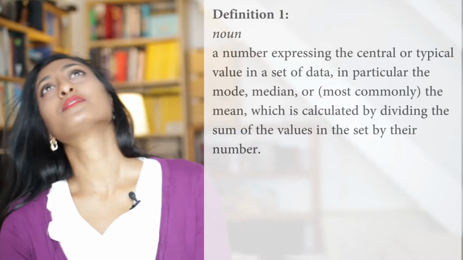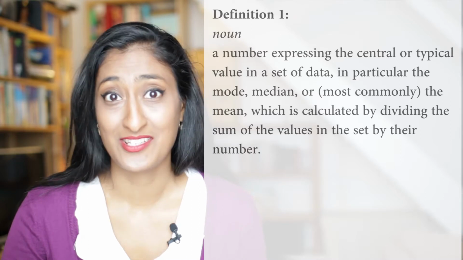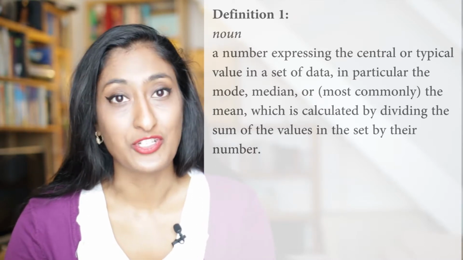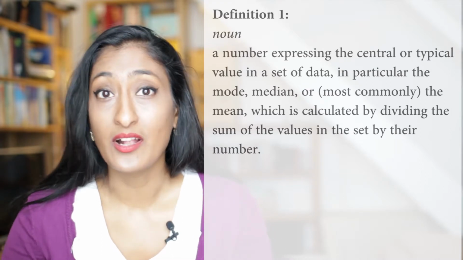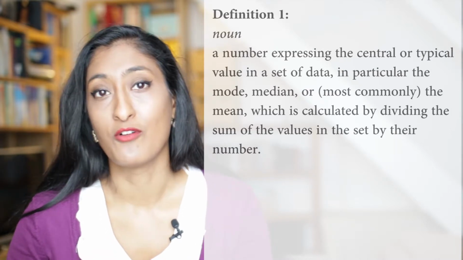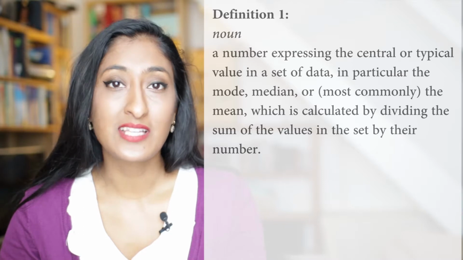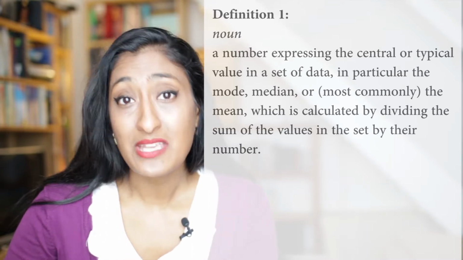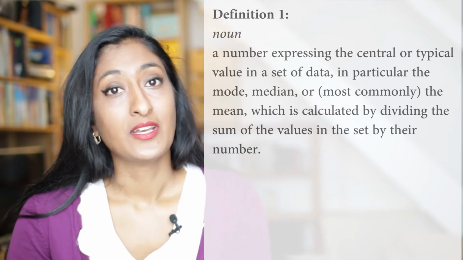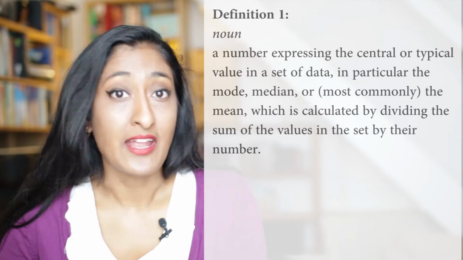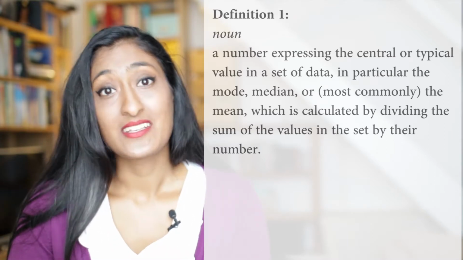So those of you paying attention in your maths class should know what an average is. Now, median and mode are other ways of finding averages, but typically the mean is what we use when we use the word average in everyday life. So here's an example.